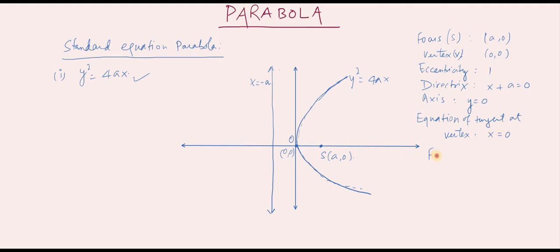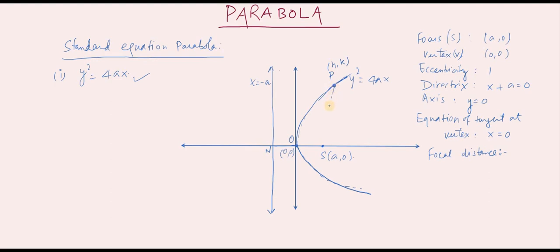Focal distance. Focal distance is the distance between any point on the parabola and its focus. So PS is the focal distance.